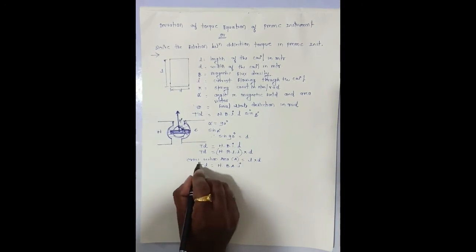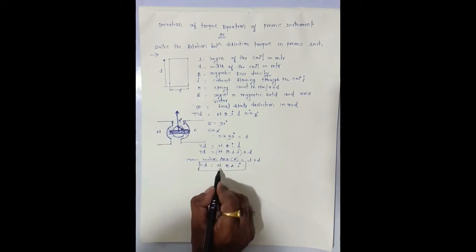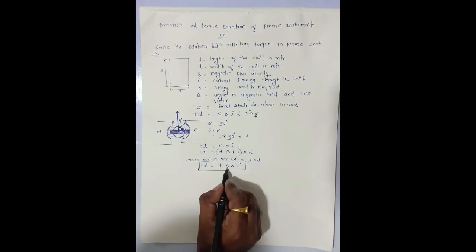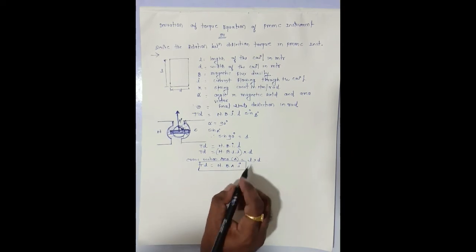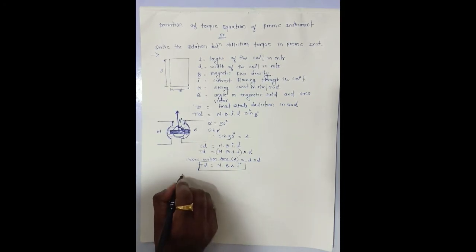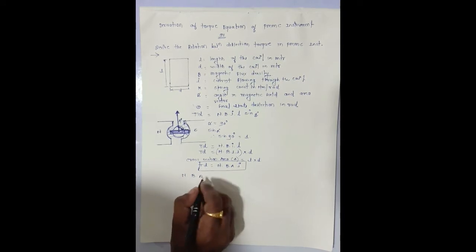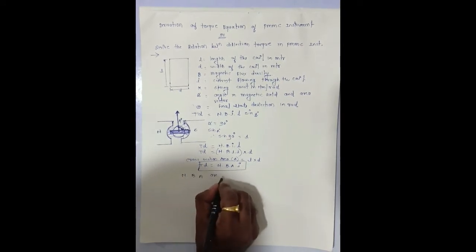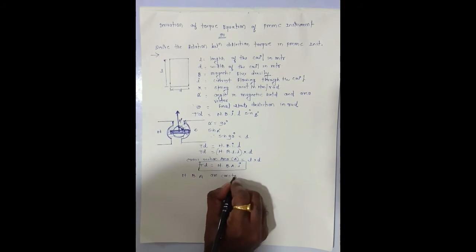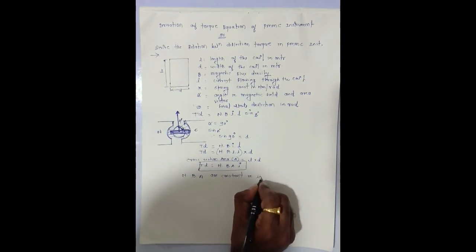Here, in this equation, the number of turns, flux density and cross section area are always constant. Only the variable is the current. That means N into B into A are constant in the instrument.